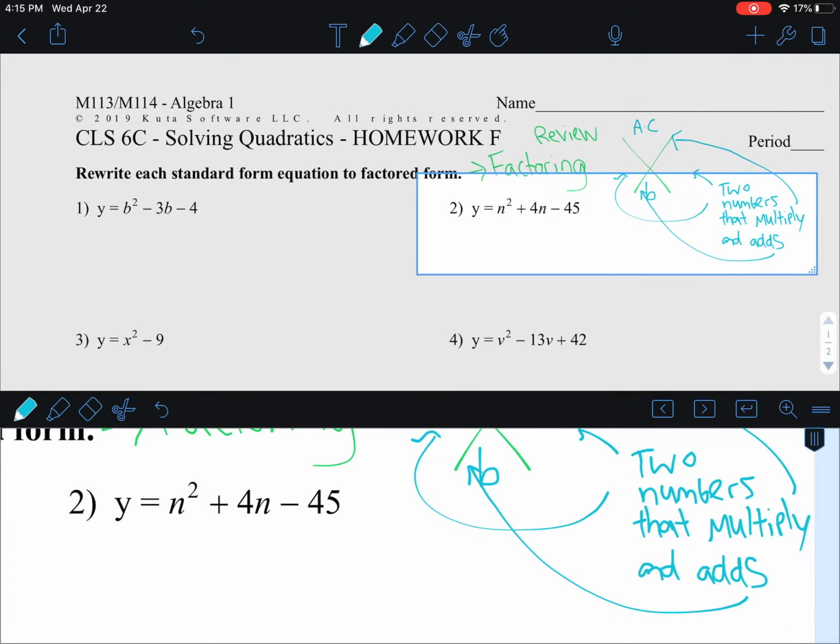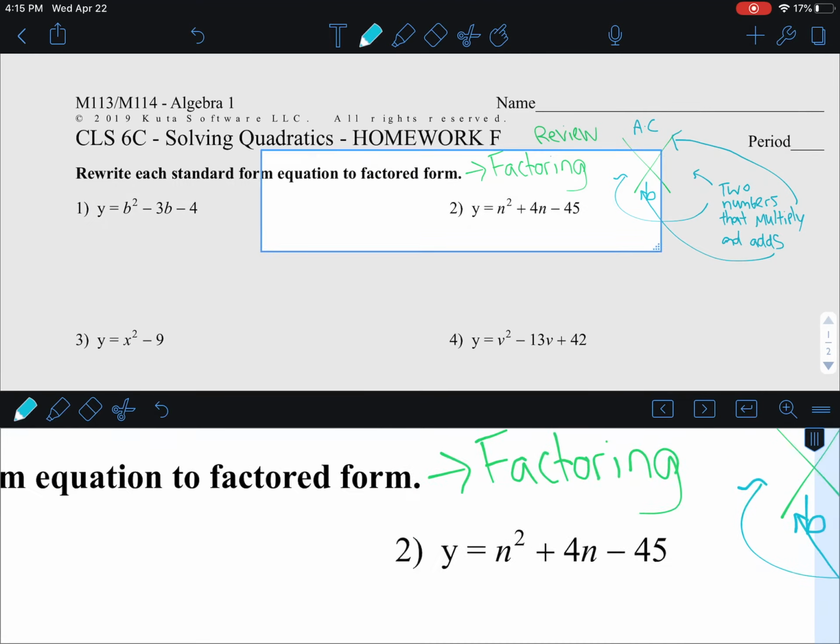I'm going to do some examples with you, and when you find those two numbers, you can write a binomial times a binomial and change your standard form equation to factored form. The word for that is factoring, and we're using the X method.